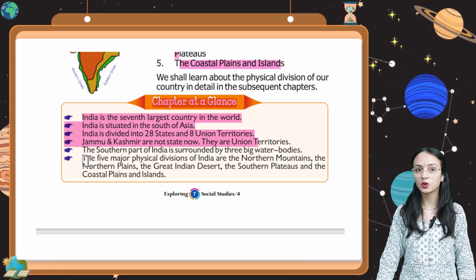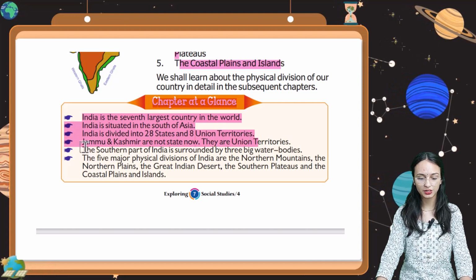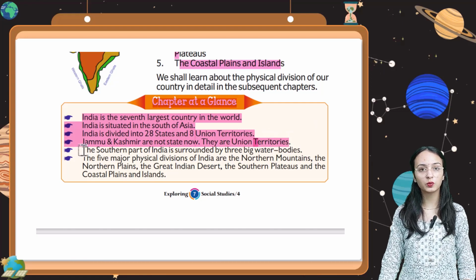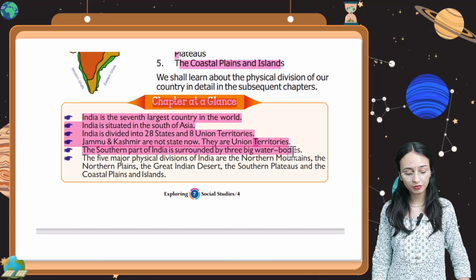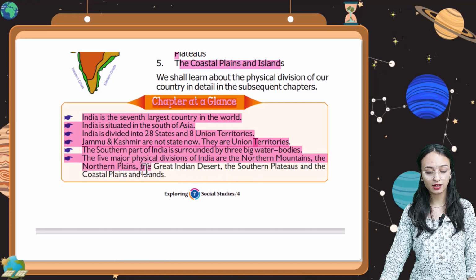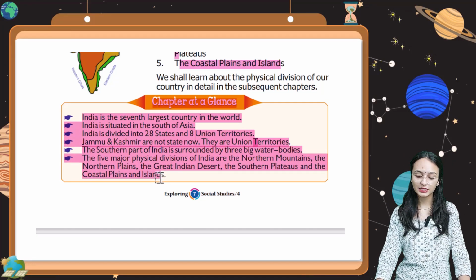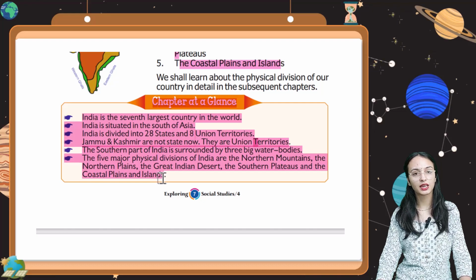Jammu and Kashmir are not a state now, they are union territories. The southern part of India is surrounded by 3 big water bodies. The 5 major physical divisions of India are the northern mountains, the northern plains, the great Indian desert, the southern plateaus and the coastal plains and islands.